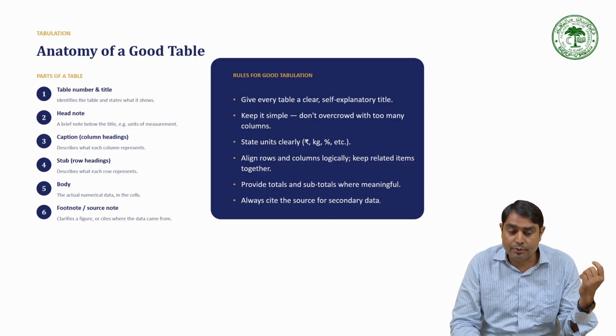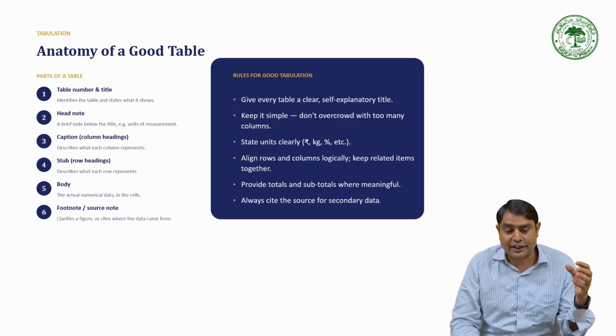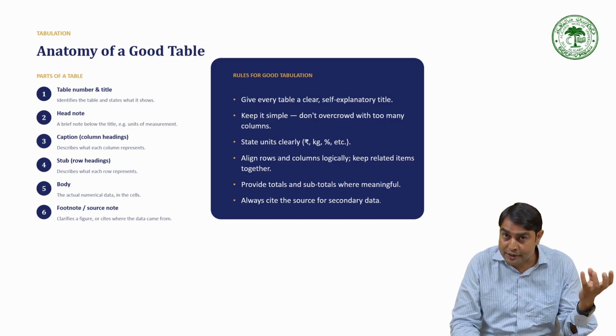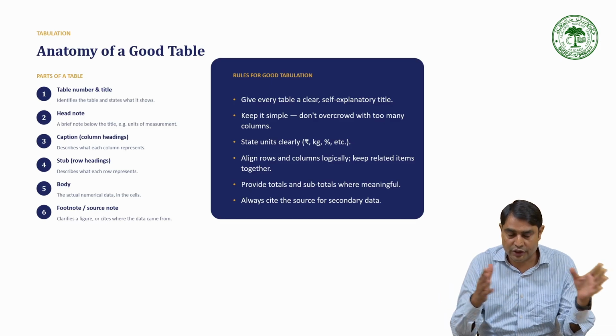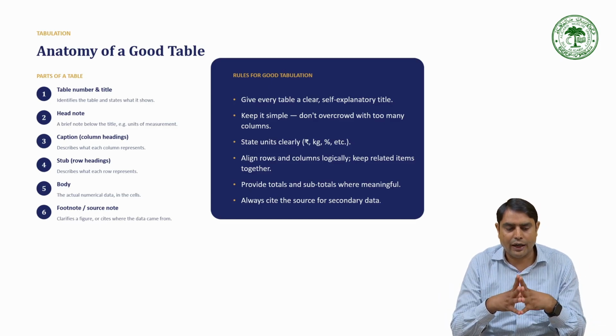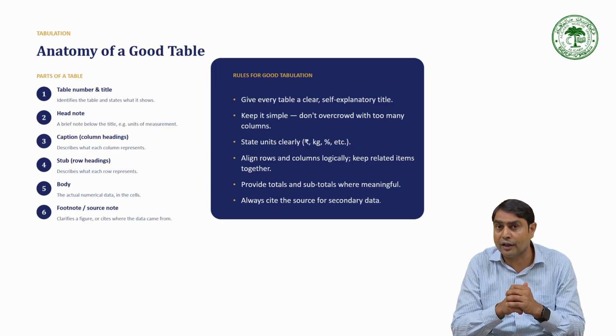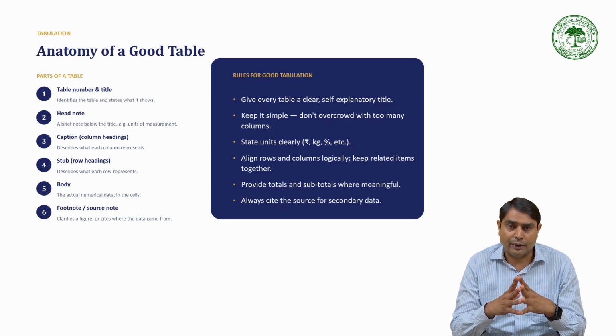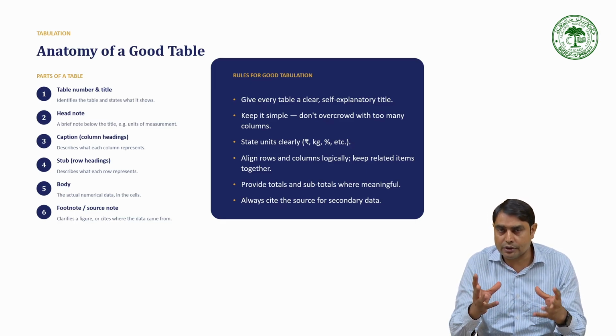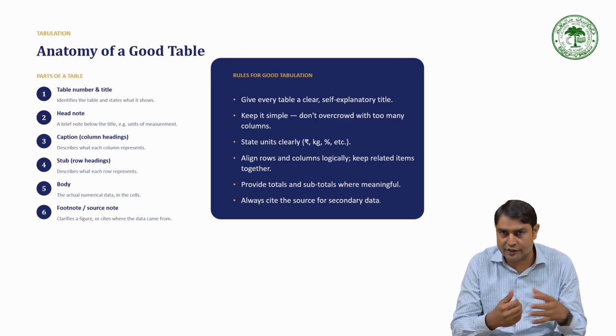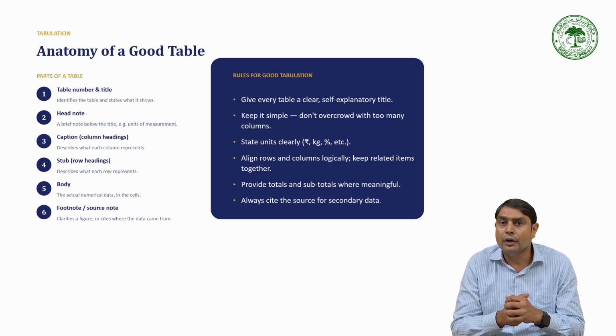Then we have the stub, the row headings, which describe what each row represents. Then we have the body, where actual numbers are given for each row and column. And then we have the footnote and source note, where the source of data is mentioned. Anybody using the table should know where this data was obtained, and should have knowledge of the source of data.